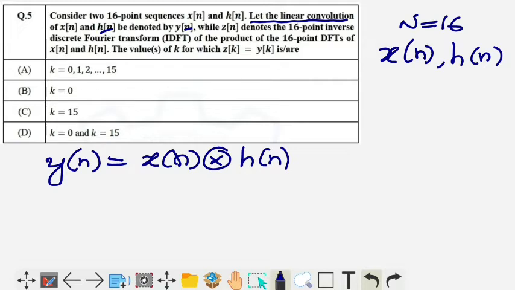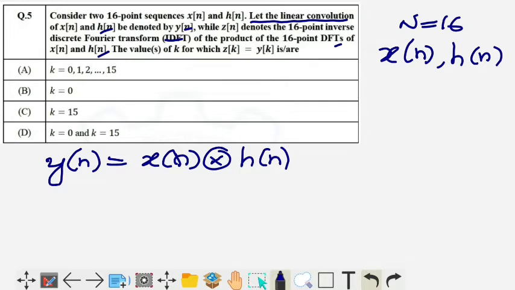Next, while z of n denotes the 16-point inverse discrete Fourier transform of the product of the 16-point DFTs of x of n and h of n. What is it? Once again we read this.